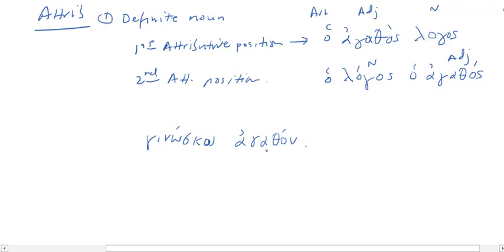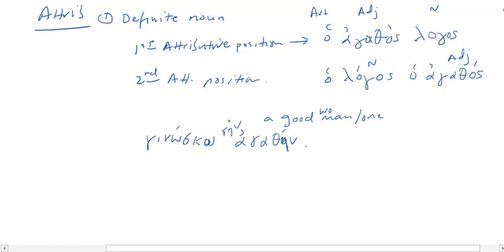I know a good what? What gender is this? Masculine singular. It's accusative, masculine singular. So I know a good man. I know a good one. That happens to be a masculine one. On the other hand, if I had ginosko agathen, it would be I know a good woman, or I know a good one who is feminine.